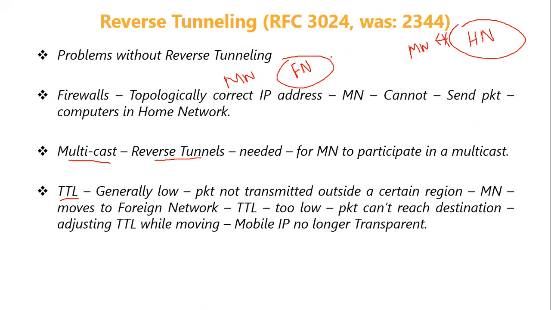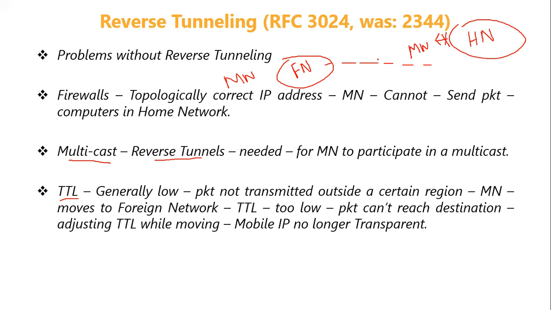Now if it uses the same TTL as whatever it is using when it is in the home network, then what will happen? This packet will not reach the home network at all. Before it reaches the home network, the TTL will expire and the packet will be dropped.